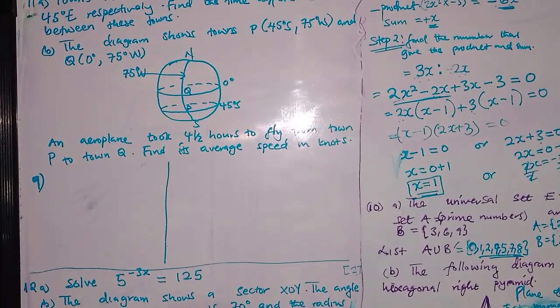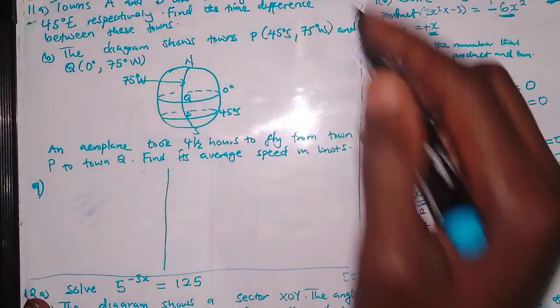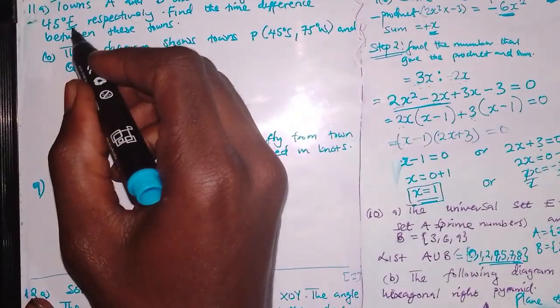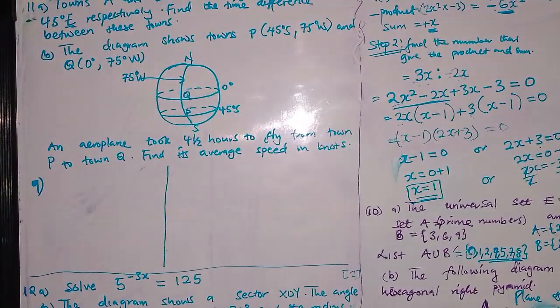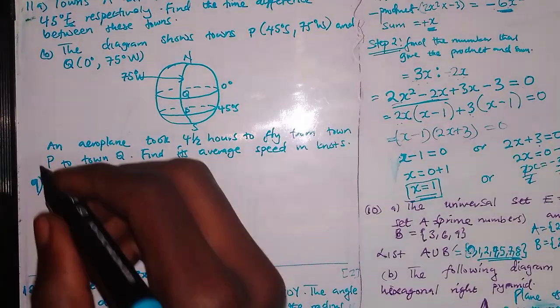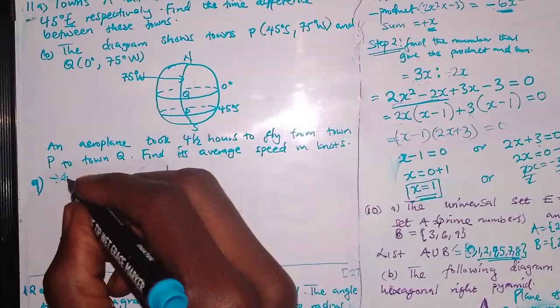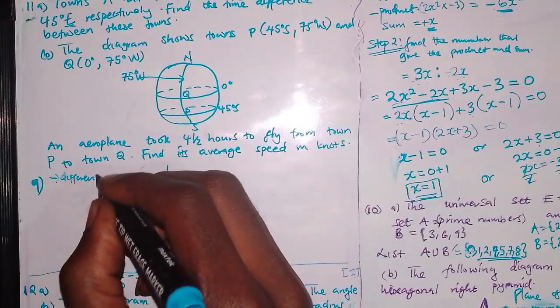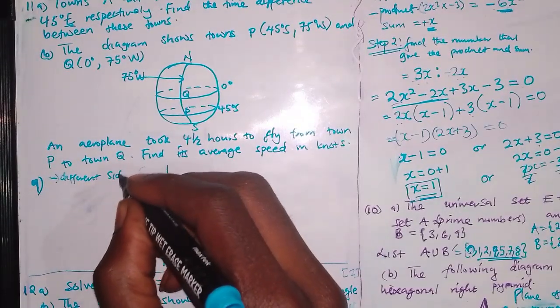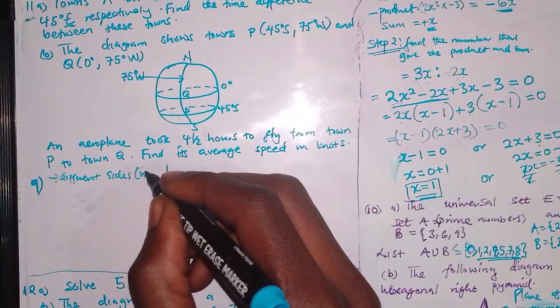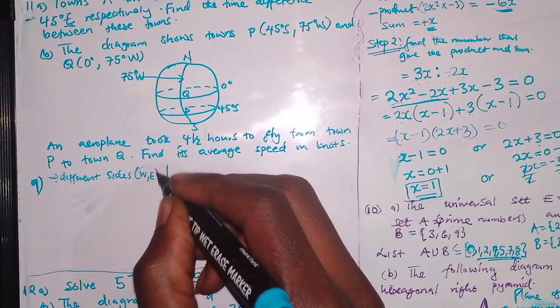For example, in our question we have west and east, meaning we have different sides. So the first principle is that if you have different sides, that is west, east, you add.